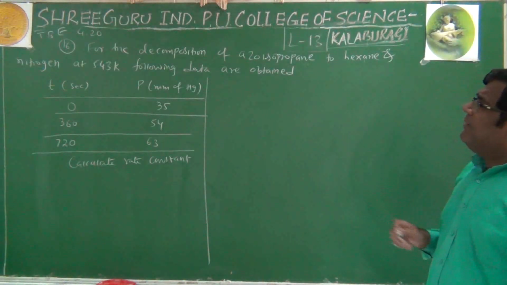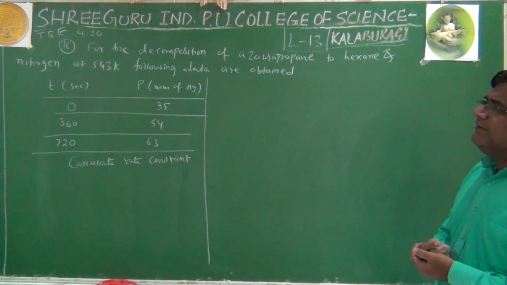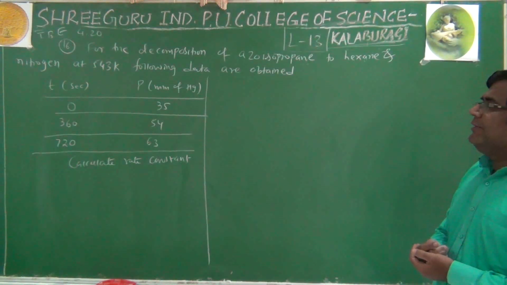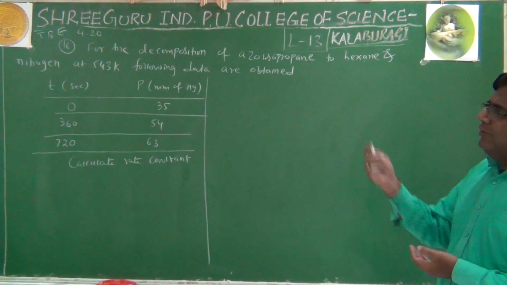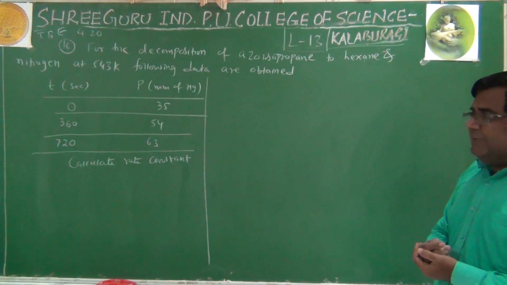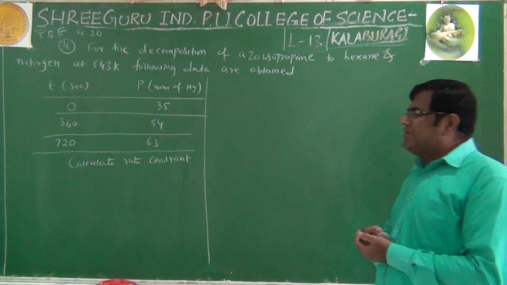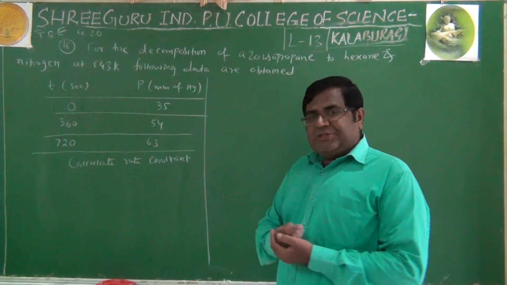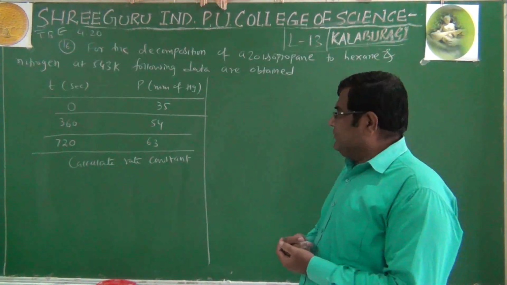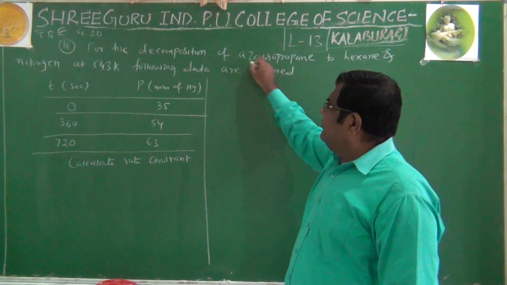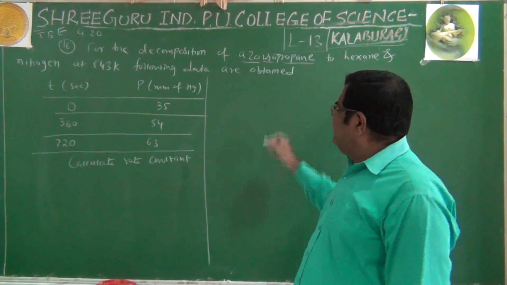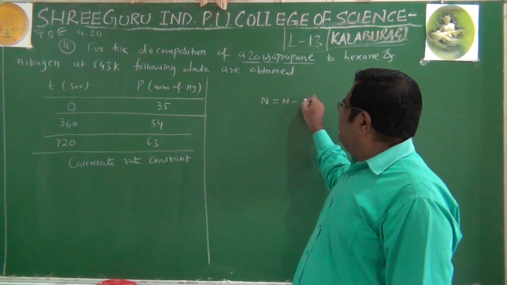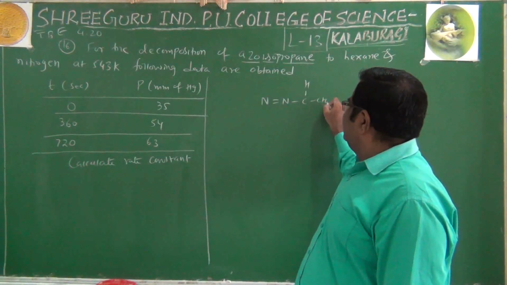For the decomposition of azoisopropane to hexane and nitrogen, azoisopropane is an organic compound and it gives hexane and nitrogen at 543 K. The following data they have obtained experimentally, and they are asking what is the rate constant of that reaction. Now we can look at the words azo, iso and propane. Even if we don't know the structure, that doesn't matter.